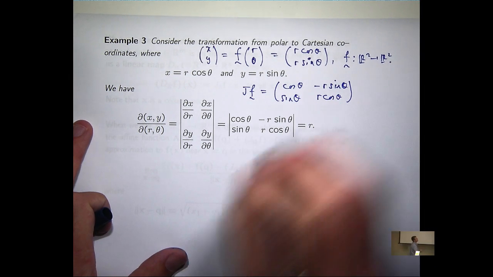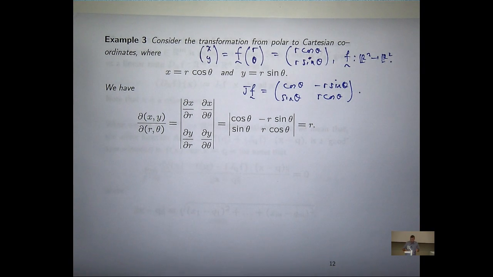In this case, we have a square matrix, so we can calculate the determinant, and if you just expand through the normal ways, you get the determinant to be r.